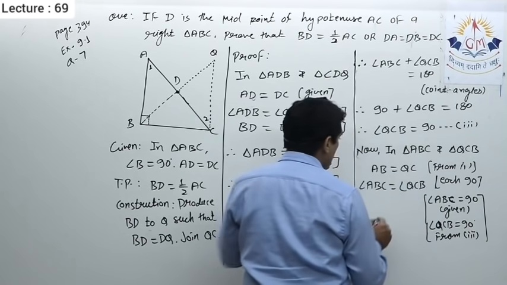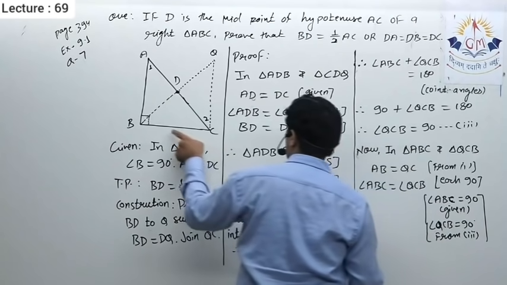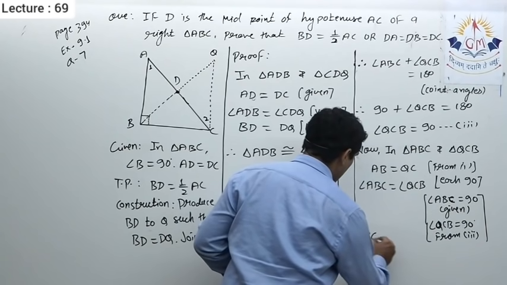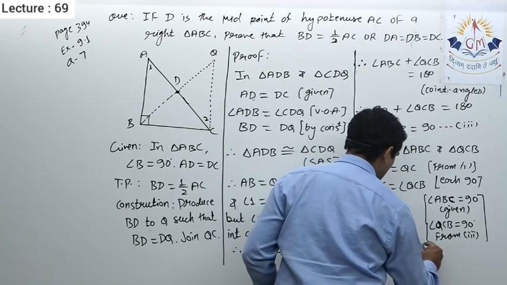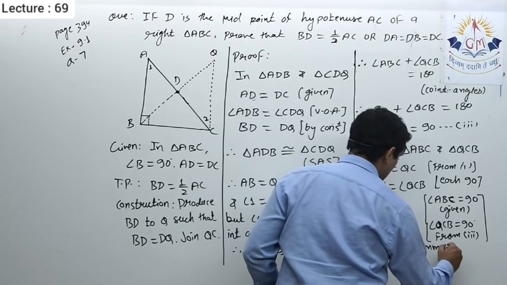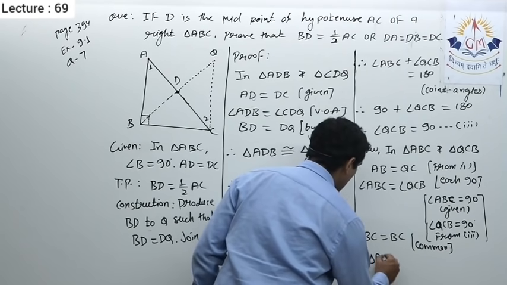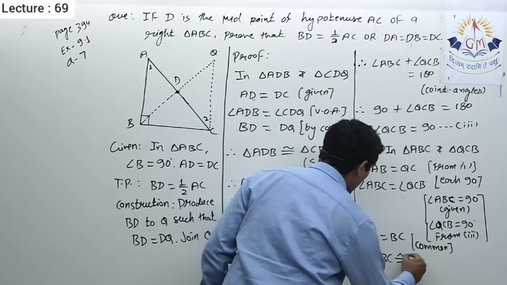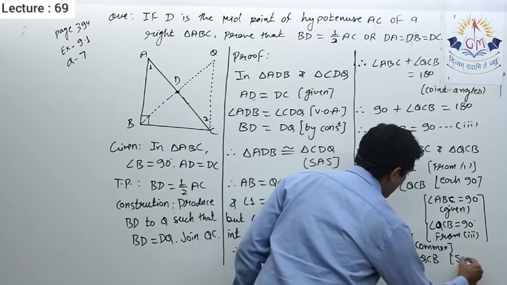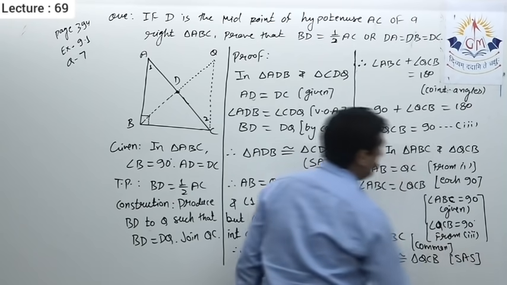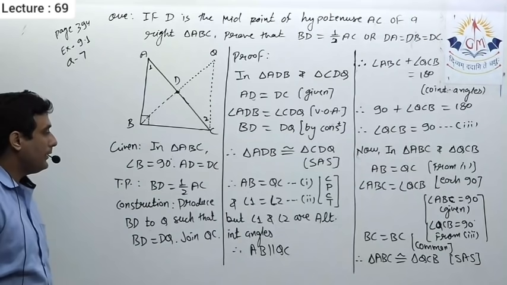And the third side BC equals BC, that is common. Therefore I can say triangle ABC is congruent to triangle QCB by side angle side. So note it down up to this point, then I will give you the remaining solution.